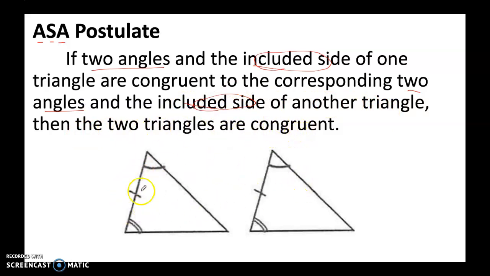Here is the illustration for the ASA postulate. We have two angles and the included side congruent to the two angles and the included side of another triangle. Therefore, they are congruent using the ASA postulate.